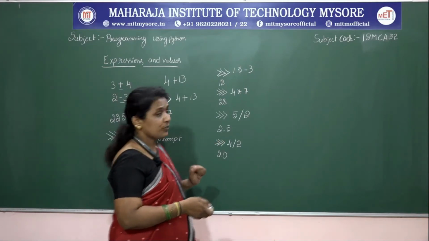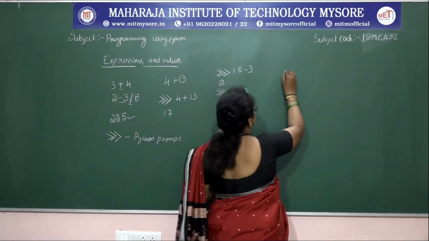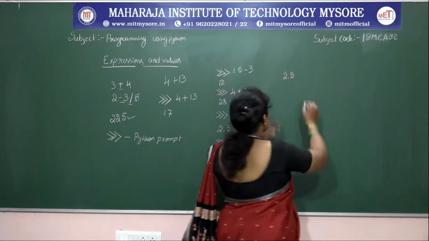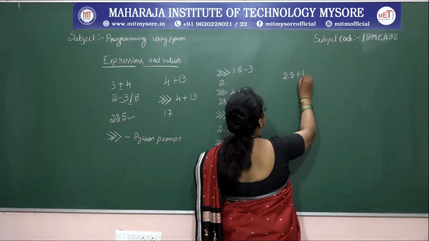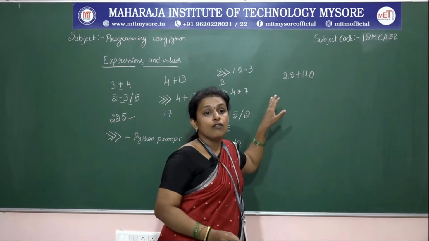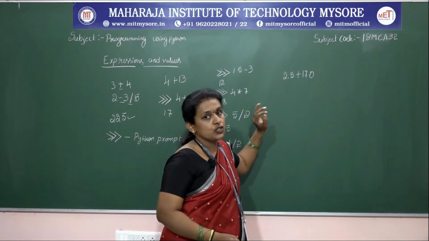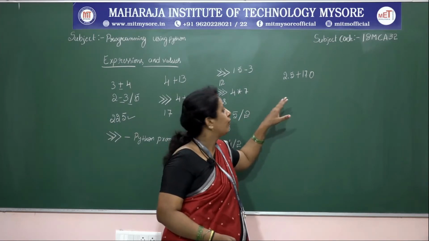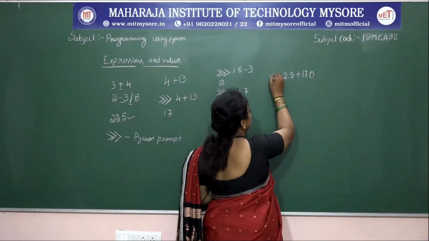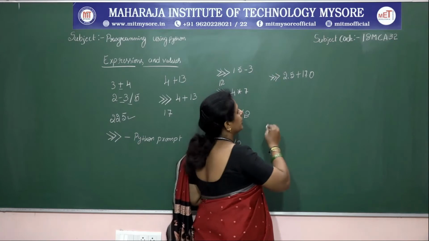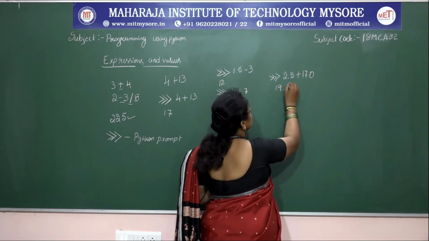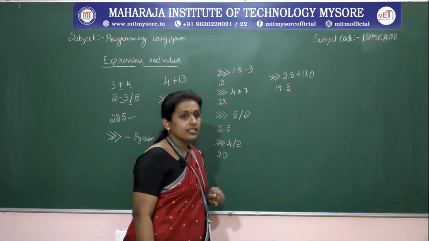For example, 2.5 plus 7.0. These are floating point representations, shortly called float. When these expressions get executed, we get the value 19.5.